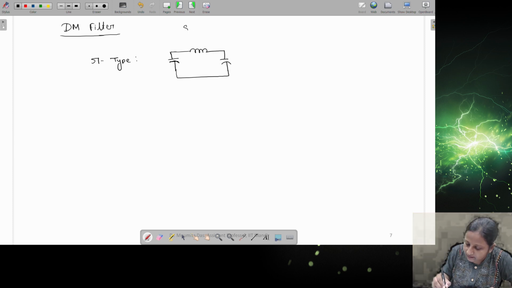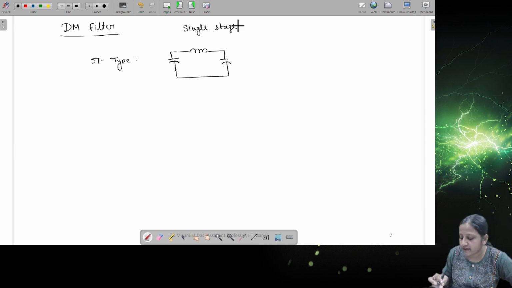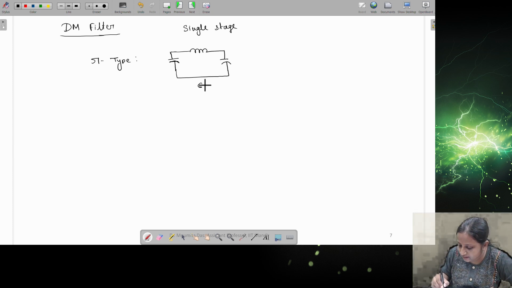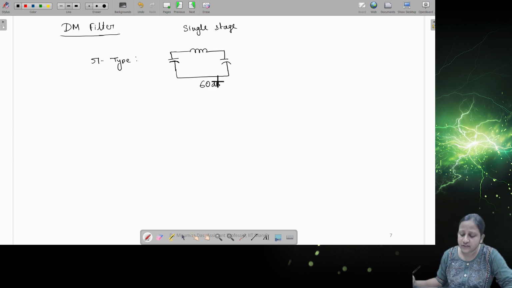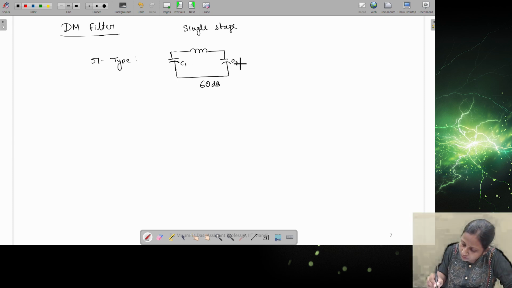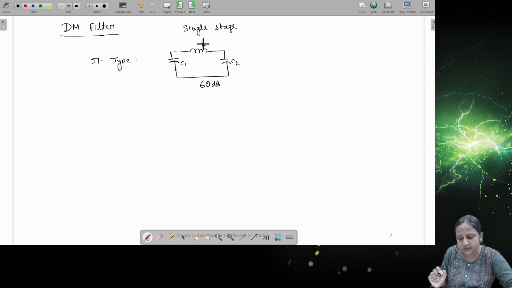This is single stage, and this provides attenuation of 60 dB. The values obviously you need to calculate based on the frequency where exactly this much attenuation is required. So based on that you need to calculate the C1, C2 and L values.